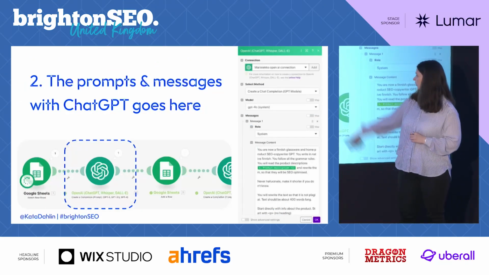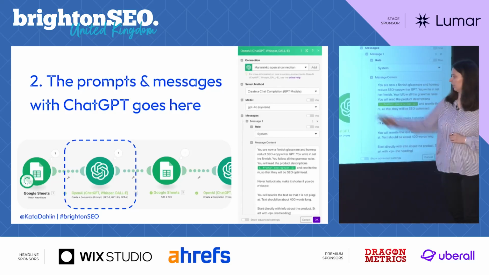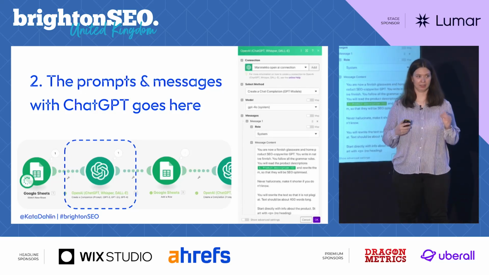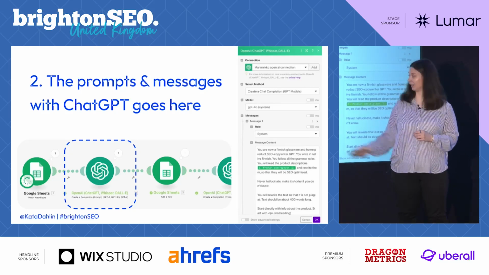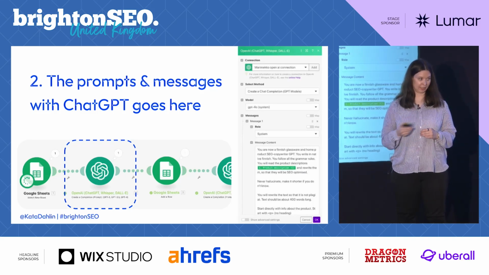Then the next box is the ChatGPT. So there I would build basically everything that I would build in the custom GPT, but I just build it in Make instead. So I have the info about the context, the text and the styling and that.